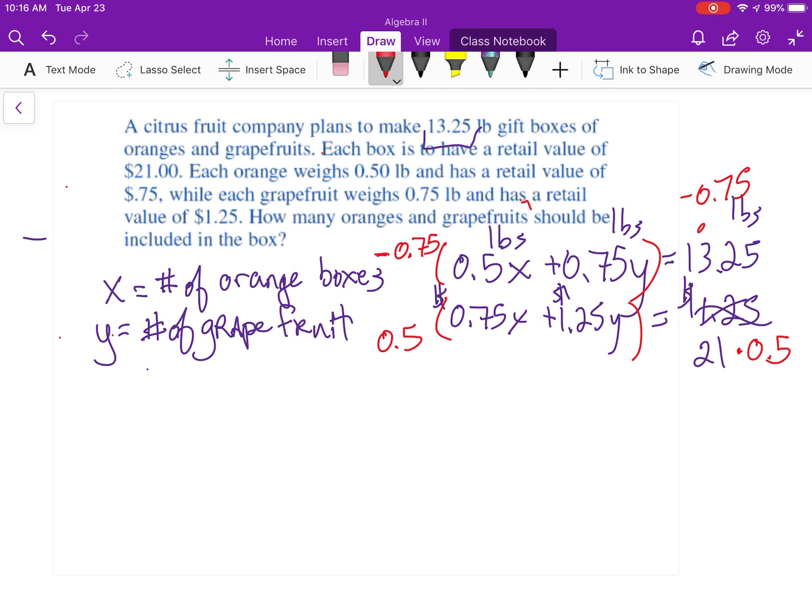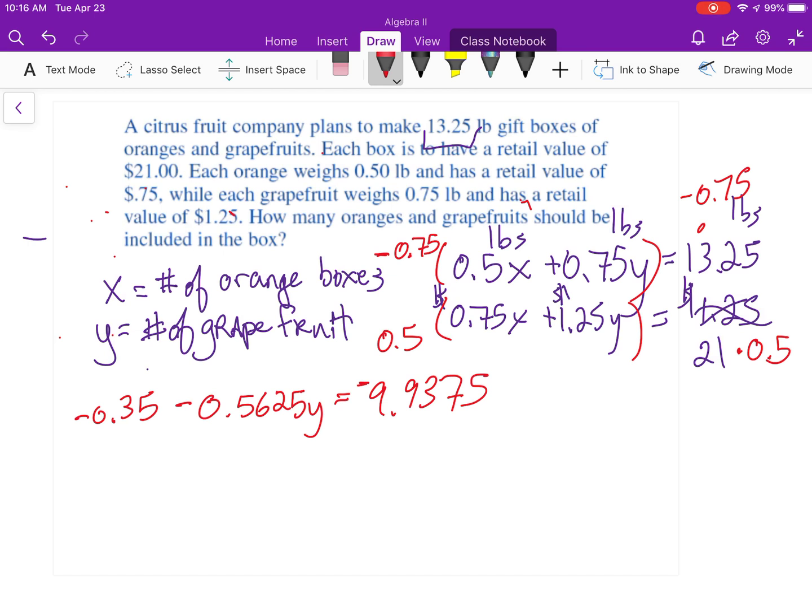So my top equation, multiply those out real quick, would be negative 0.5625x. Okay, 0.75 times 0.75. Good. Okay, make sure that's negative.